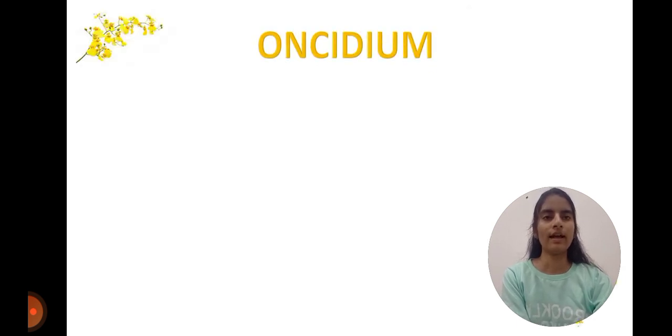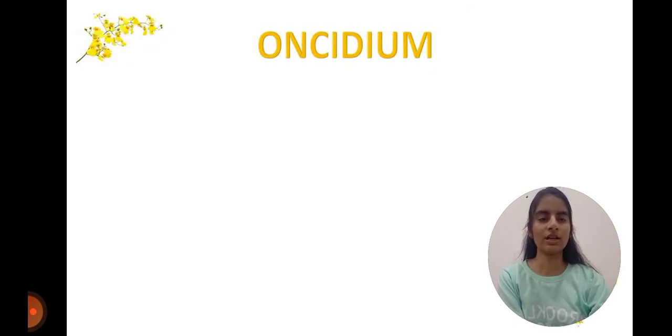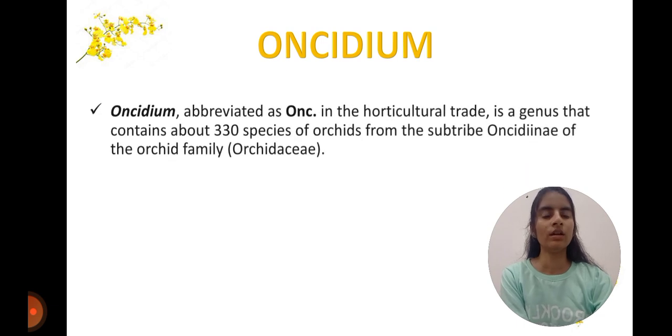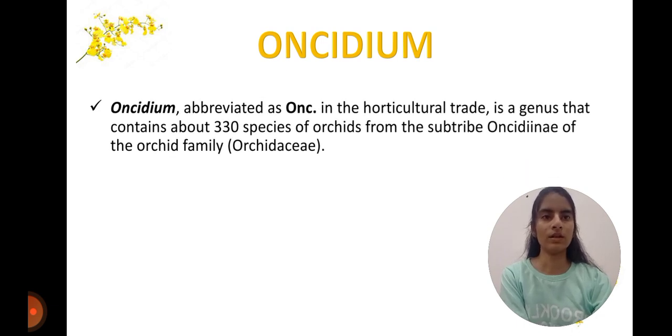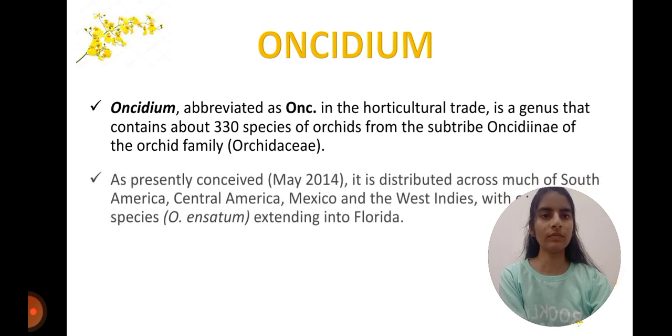Orchids. I was allotted the orchid, especially Oncidium, which is abbreviated as Onc. in the horticultural trade, and has about 330 species in the genus from the subtribe Oncidiinae of the family Orchidaceae.